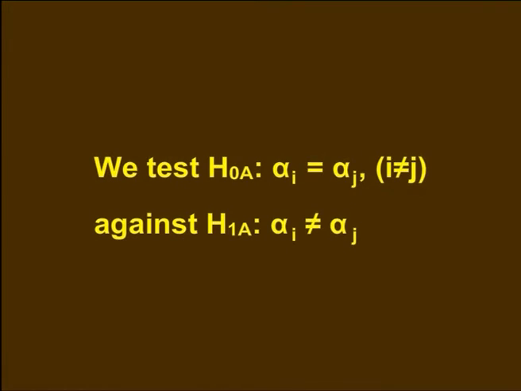This can be done by pairwise testing of alpha i's as follows. That is, we test the hypothesis H naught A, that is alpha i is equal to alpha j, i not equal to j, against the alternative H1A, alpha i not equal to alpha j.